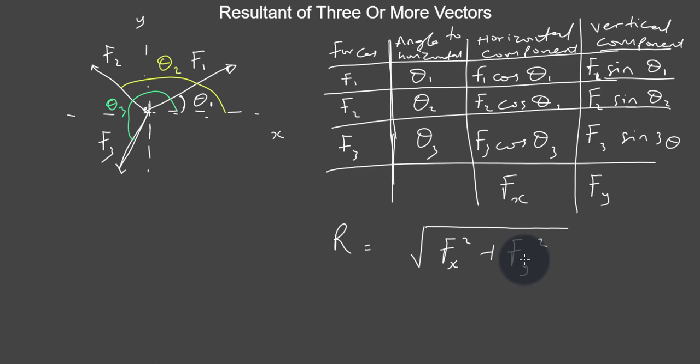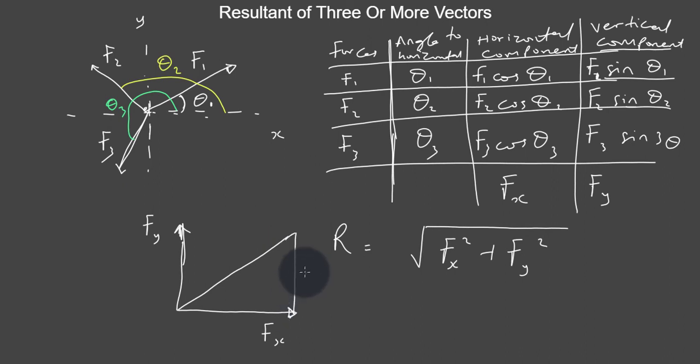Note that for the resultant vector, Fx can be represented like this, and Fy can be represented like this. So basically what you're looking for is just this resultant vector here.